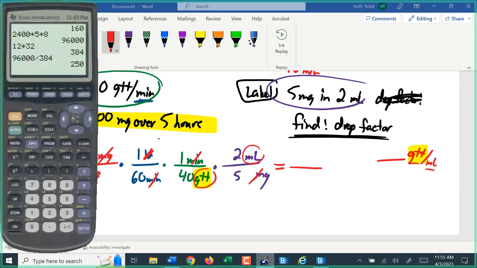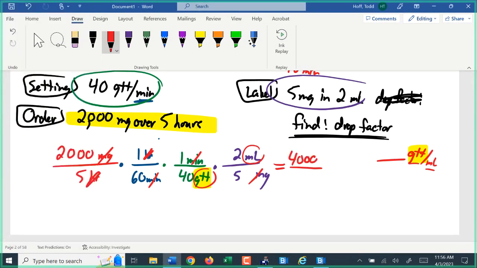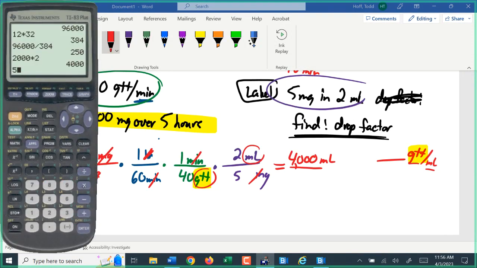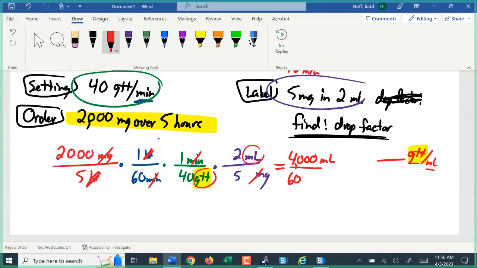So on top, we have 2,000 times 1 times 1 times 2 gives us 4,000 milliliters. On bottom, we have 5 times 60 times 40 drops times 5 gives us 60,000 drops.